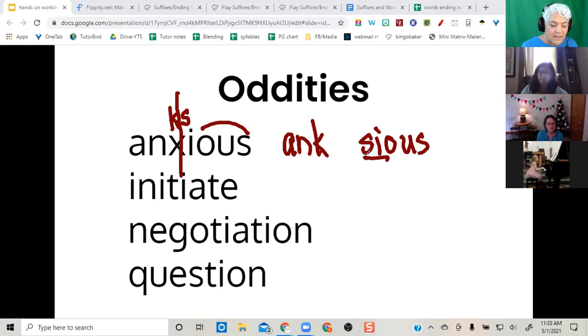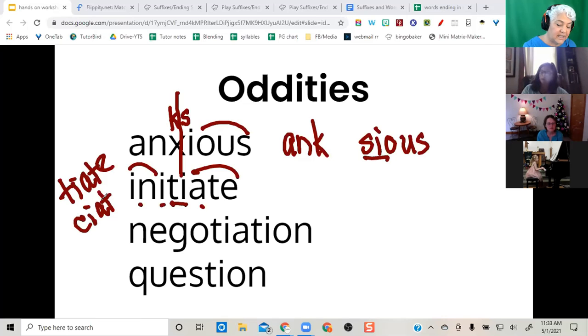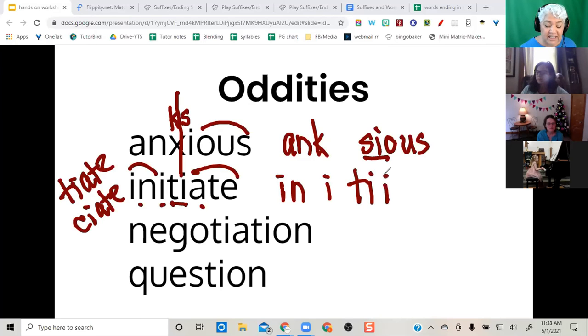Okay. This word here looks like initiate. The trick is when you see words with a T-I-A-T-E or a C-I-A-T-E, the sound is really in-i-sh-e-ate.